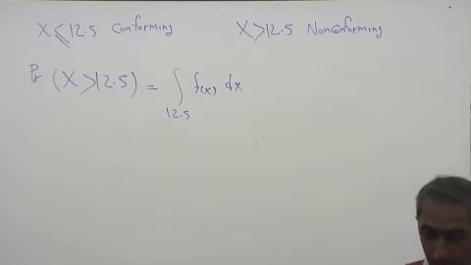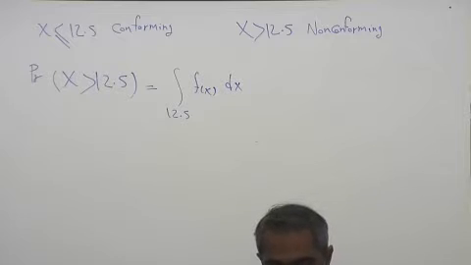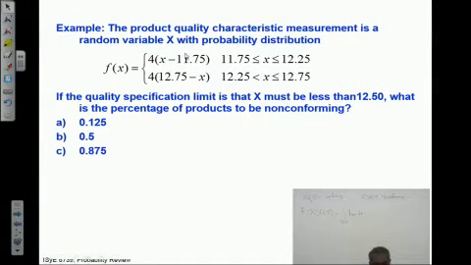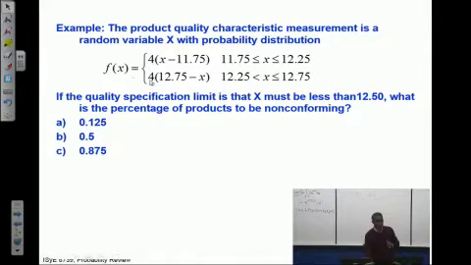The PDF we have here is a piecewise PDF, and depending on the range you are integrating over, you need to use either this piece or this piece. 12.5 belongs to the bottom range, therefore I use the bottom equation here.